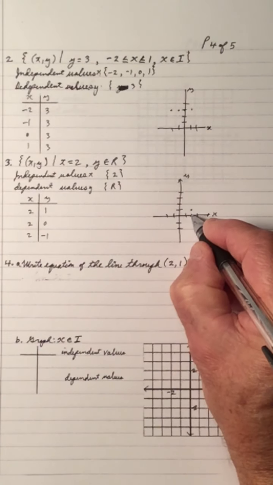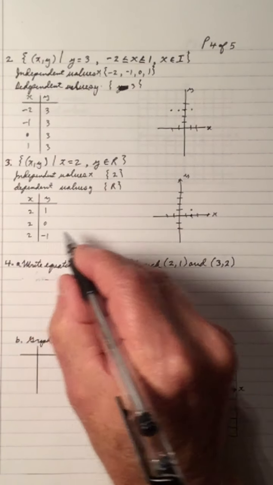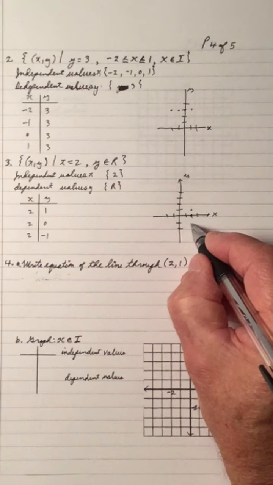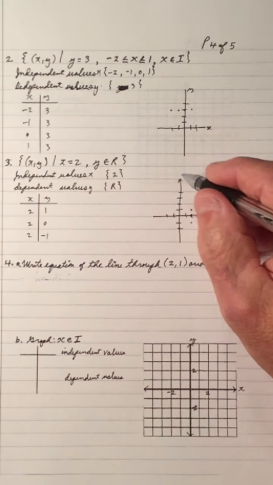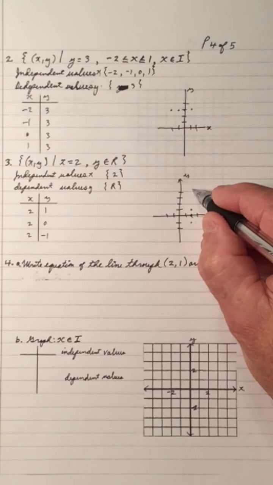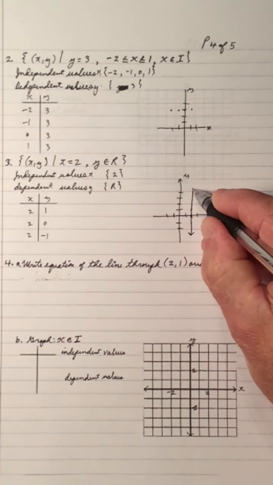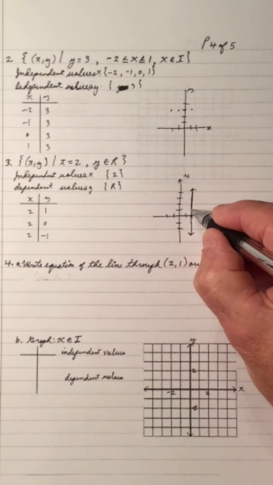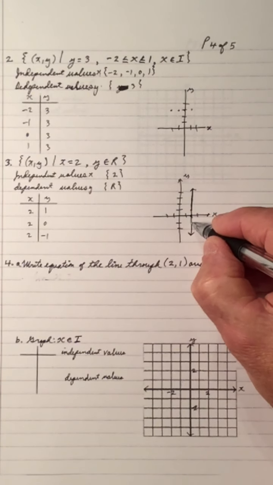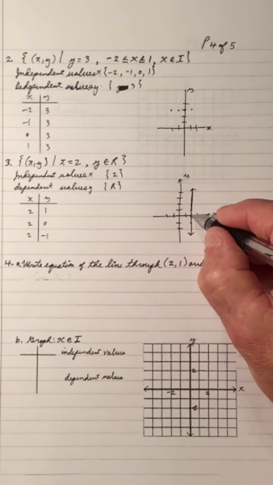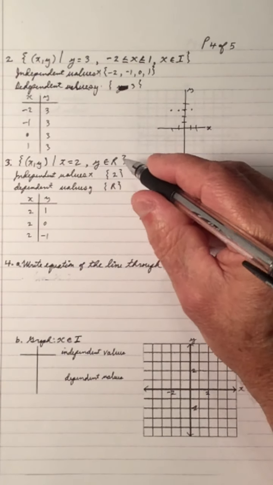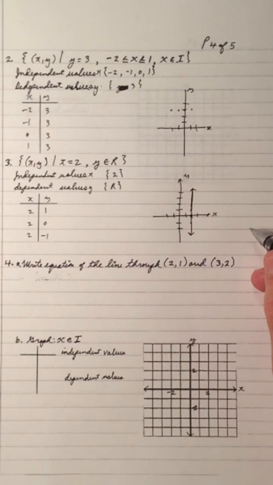X is 2, y is -1. But because these are reals, I have to include all the values of y. I have to shade in. So these 3 points here are used to establish the line. Then I have to shade them in because I have reals.